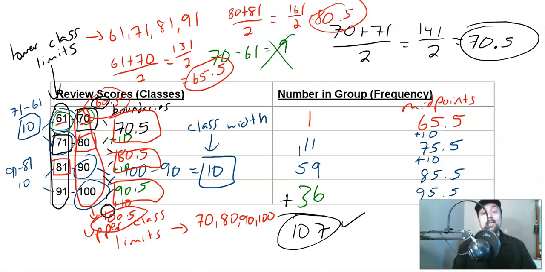So to convert these numbers into percents of the total number of data values, you take the frequency, which in this case was a 1, and you divide it by the total number of data values in the data set. And that's going to give you a decimal number, which you can then convert to a percent by either multiplying by 100 or just moving the decimal to the right twice.